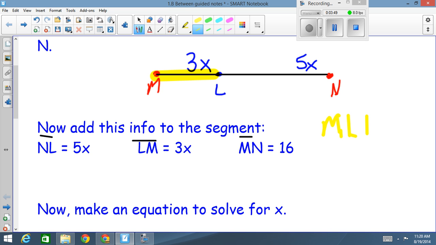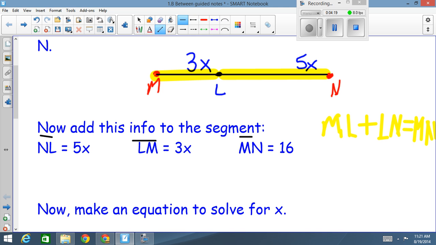And if I add ML to this segment, which is LN, that's going to leave me with the whole segment. Piece plus piece equals whole. So that's going to leave me with MN. Okay? Piece plus piece equals whole.